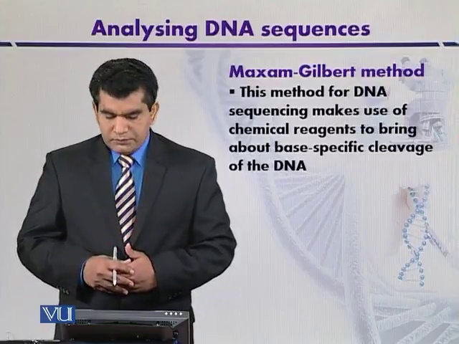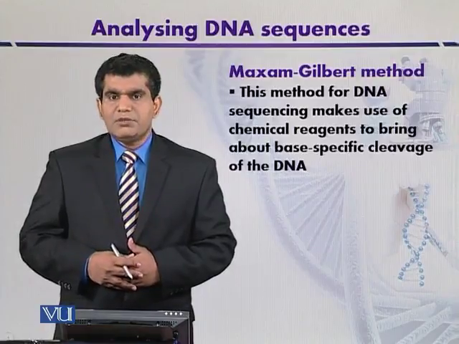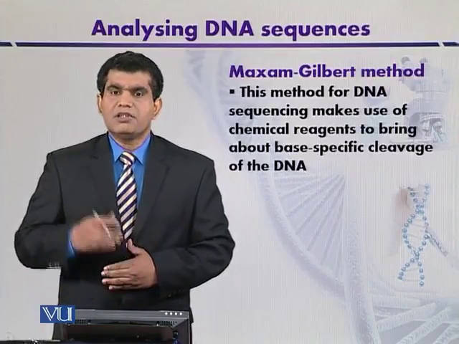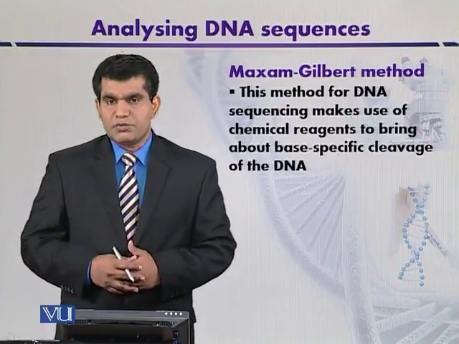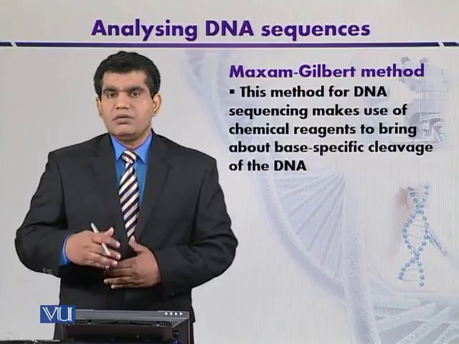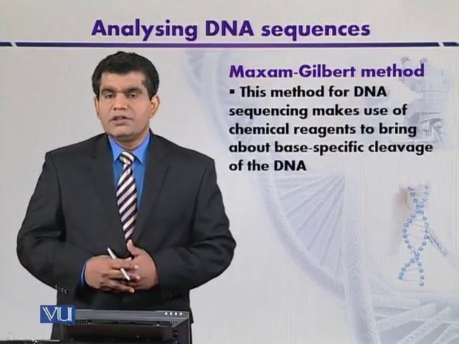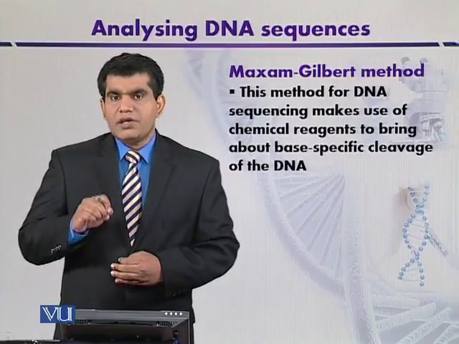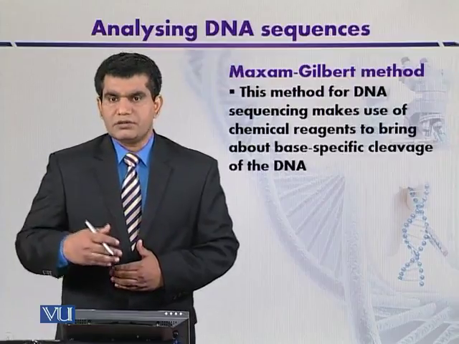For example, a chemical called dimethyl sulfate can methylate the guanine base at the N7 position, so that it is now altered or modified, and once it is modified, the DNA elongation during the course of sequencing cannot proceed further.